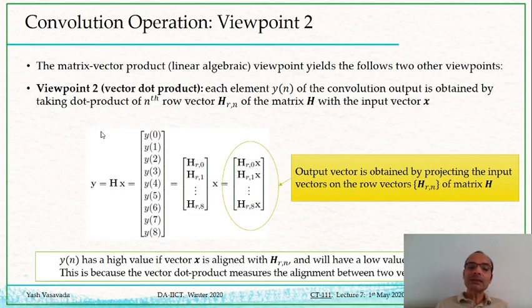But more importantly, in the earlier viewpoint, we were looking at y as a vector obtained by linear superposition or vectorial addition of the column vectors of H. Whereas over here, what we are saying is that each element of this vector y is obtained by projection of x onto a row vector of H. It's almost as if we are thinking of these row vectors hr0, hr1 up to hr8 as forming axes of this multidimensional space.